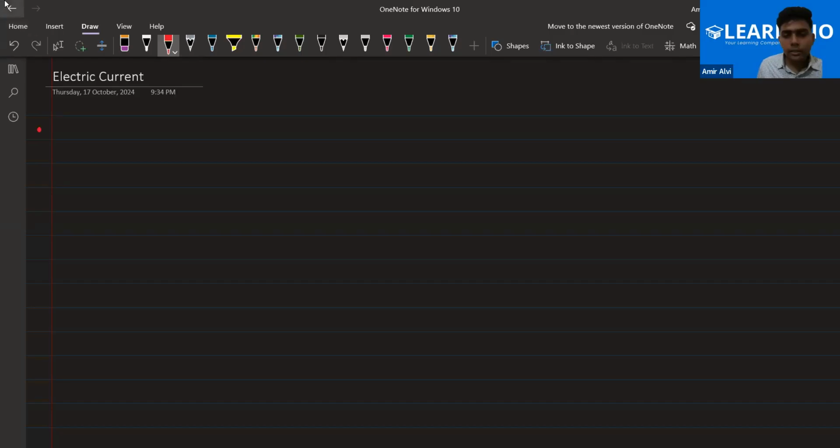So I'm writing this. Now I'm going to define the electric current as per the formula. So that's the formula that we are going to discuss.